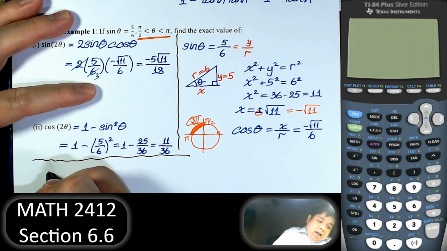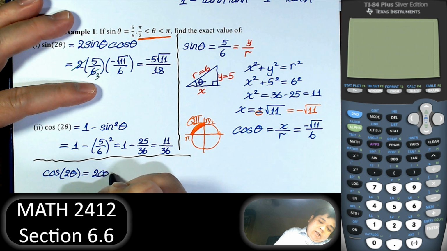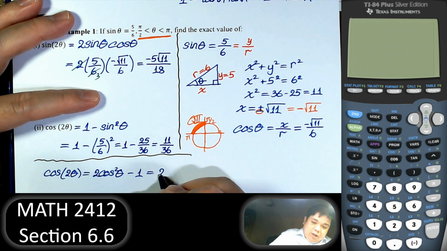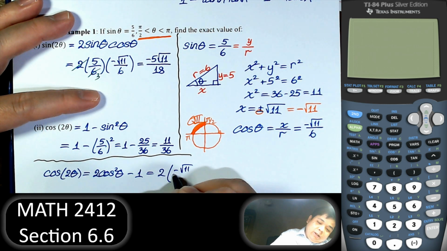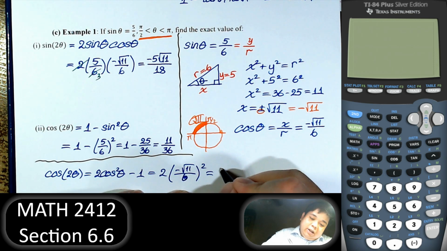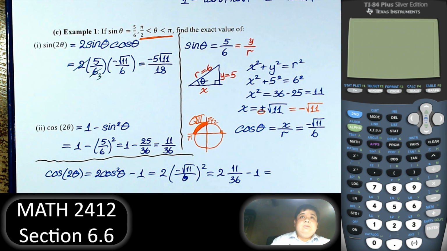Of course, if we don't want to use that, we can use 2 cosine square minus 1, and this is cosine, so 2 times negative square root of 11 over 6, squared. So we have 2 times 11 over 36 minus 1.